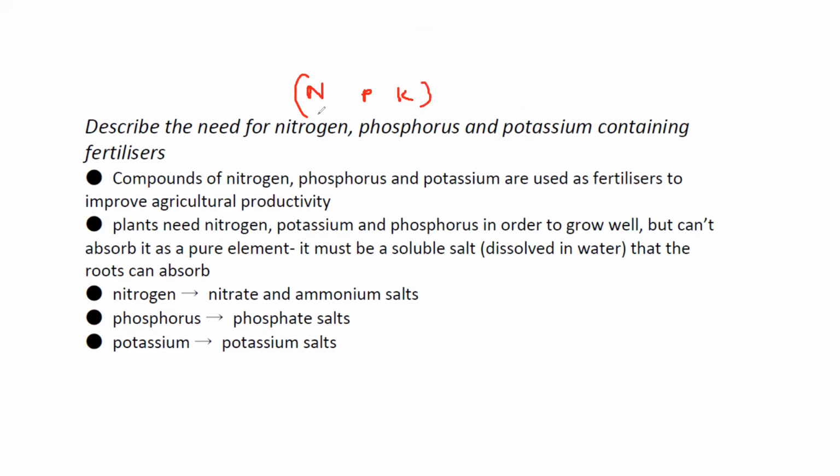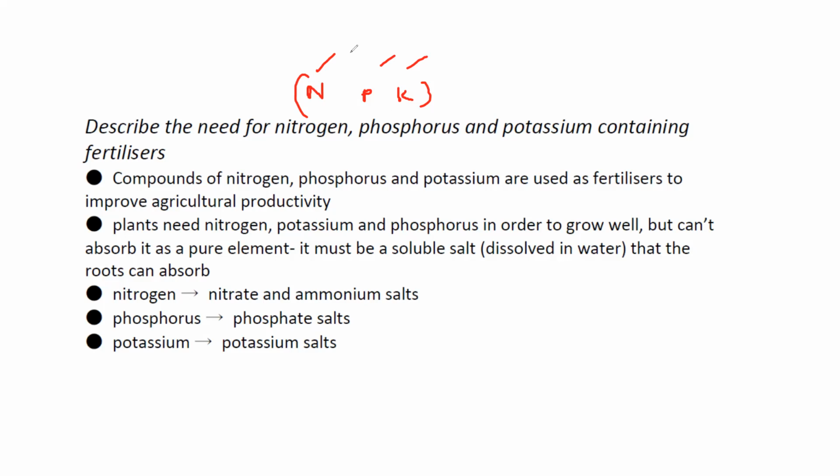Any compound which can provide nitrogen, phosphorus and potassium, and is water soluble, like it can dissolve in water, because the plants cannot absorb a solid, it should be in aqueous or solution form. So those compounds which can provide these essential nutrients, such as nitrogen, phosphorus and potassium, we call them fertilizers.